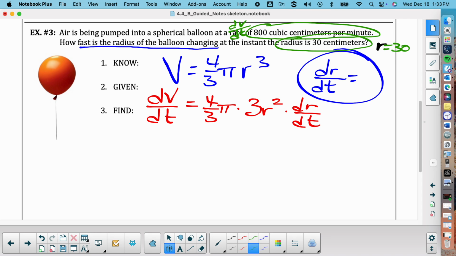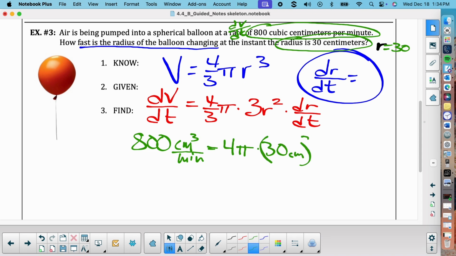I'm just gonna put all the numbers in first. 800 cubic centimeters per minute. 4/3 pi times 3 is 4 pi. R squared is going to be 30 squared. The 30 is 30 centimeters. So that'll actually turn into square centimeters.